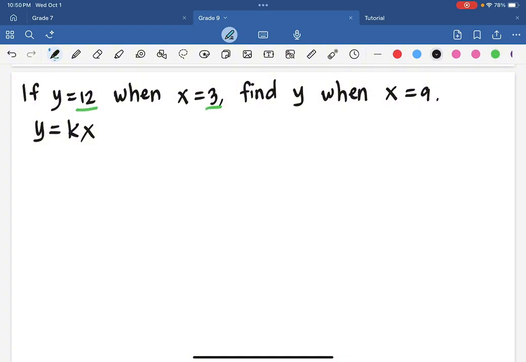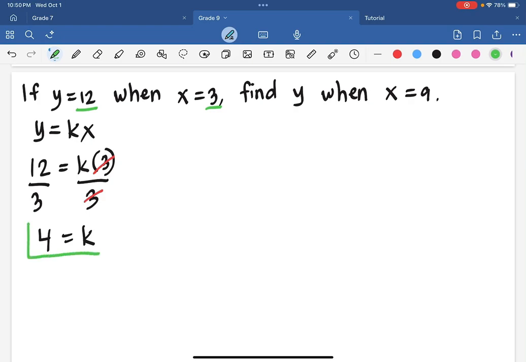So let's just write here 12 equals k times 3. And then we need to divide both sides by 3 because 3 is the coefficient of k. Now cancel 3 and 3, so we are left with k. And 12 divided by 3 is 4. And 4 is the value of our k, or our constant.